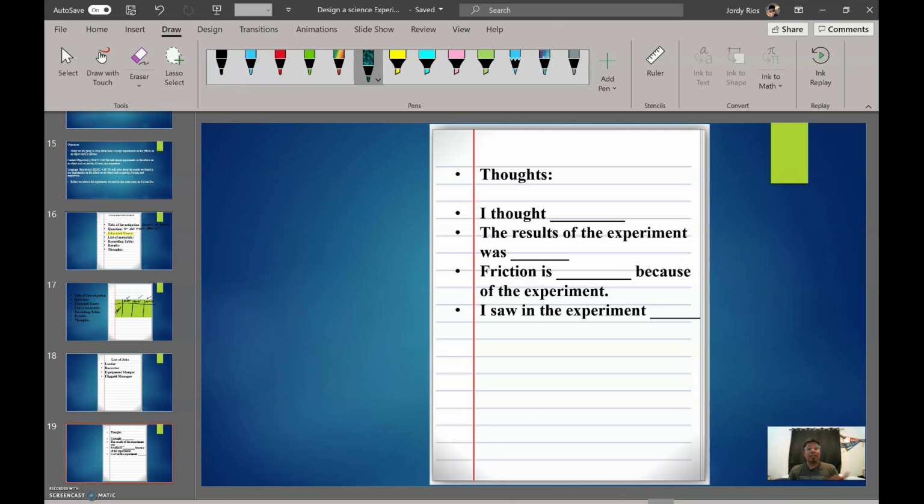Friction is... because of the experiment. I saw in the experiment... What did you see? Was your educated guess wrong? Was it right? Did it change? Yes or no? Maybe? Why? I want to know what that is. Once you're done with that, then you're finished for today.